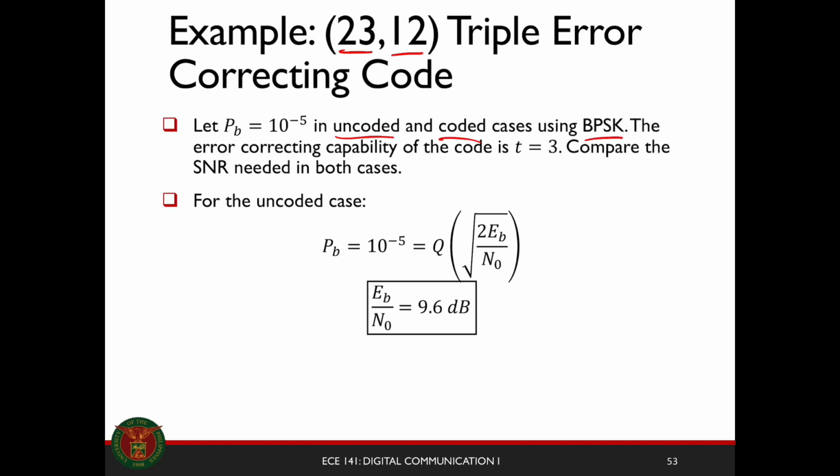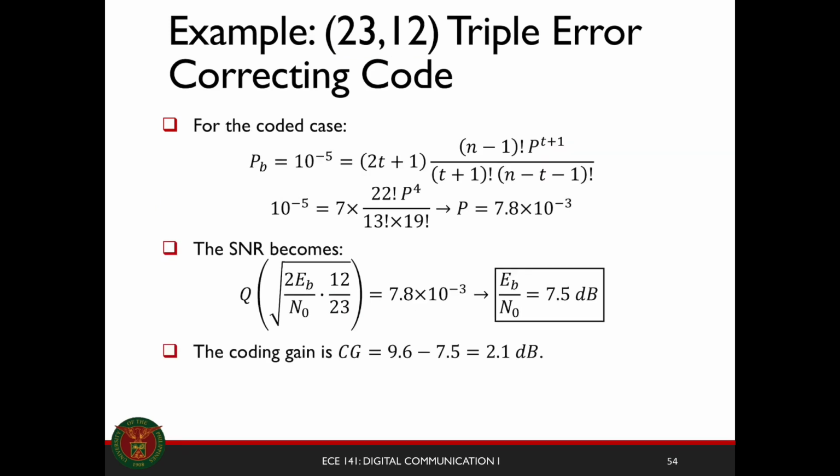Note that this 23,12 error correcting code has error correcting capability t equal to 3. If we have an uncoded case, then our SNR is 9.6 decibels. Okay, acceptable, maybe.